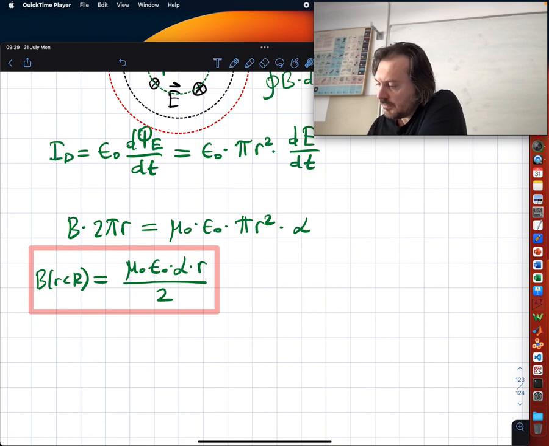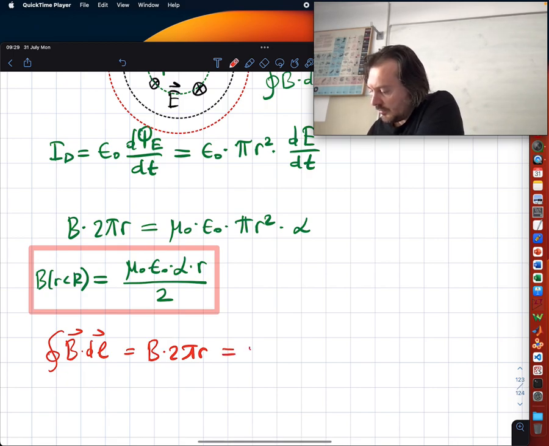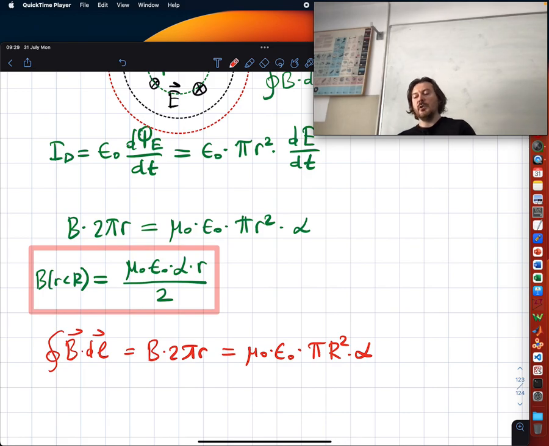Hence, for outside, integral B dot dl is B times 2 pi r, but that is equal to mu 0 times epsilon 0 times pi big R squared times alpha, not pi small r squared.